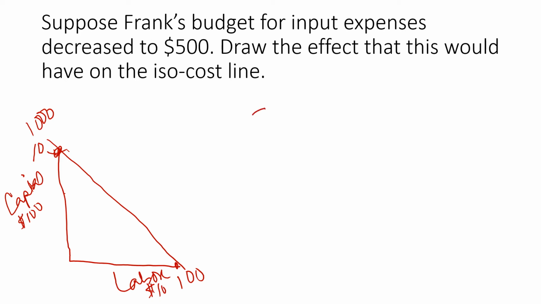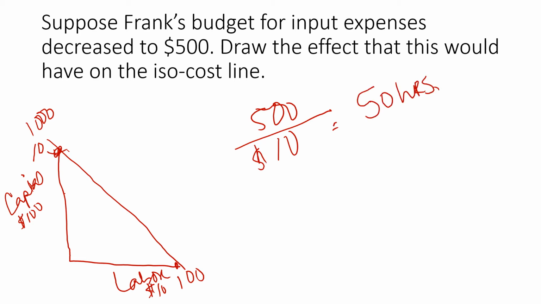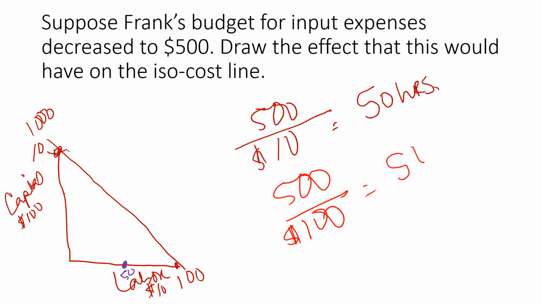Now if the budget was $500 and he spent all of his money on labor, he would be able to pay for 50 hours of labor. So this would be the new extreme point on labor. If he is 500 and capital is $100, he would only be able to do 5 units of capital. So now his new point is here, and the budget basically shifts to the left.